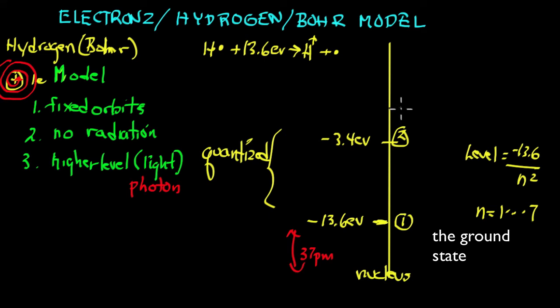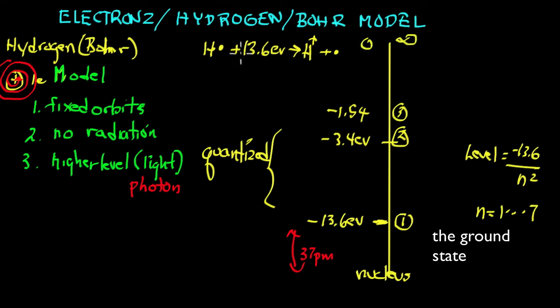The third level would be 3 squared is 9 into 13.6, and that is 1.54. Now when it gets out to infinity, the energy here is 0.